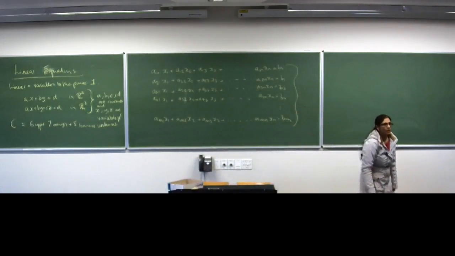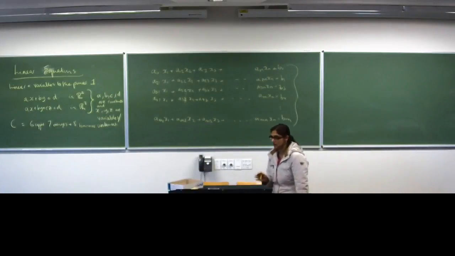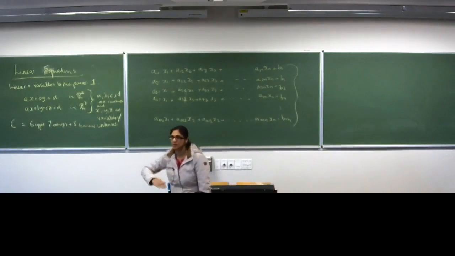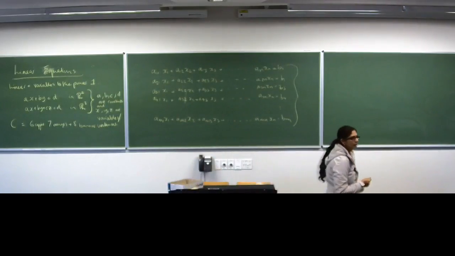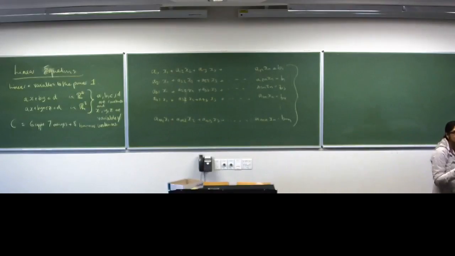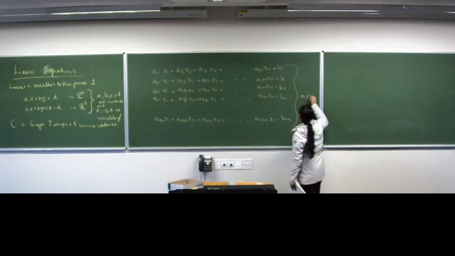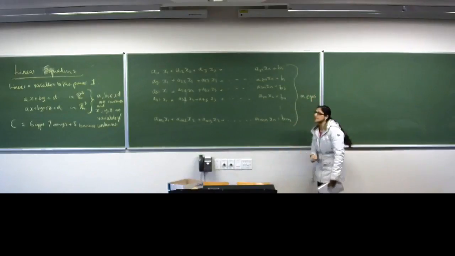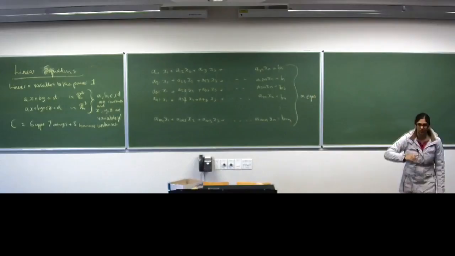So you have many equations. The m is the number of rows of equations that you have, and the n is the number of variables that you have. All right? We call this m equations, and that's just giving you some ideas of rows.